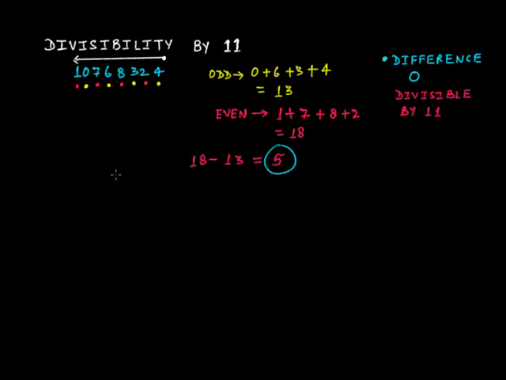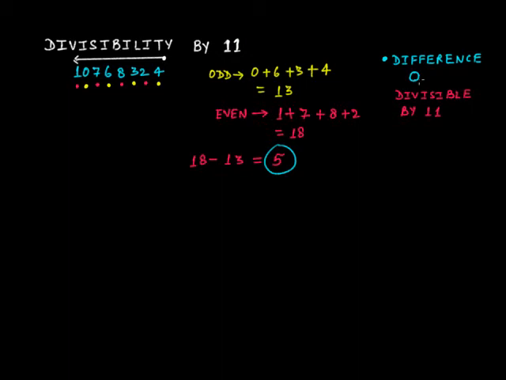that's why you will say that no, this number is not divisible by 11. So the point is that first take all the digits at the odd positions and add them, then take all the digits at the even positions and add them, and take the difference of the two sums.